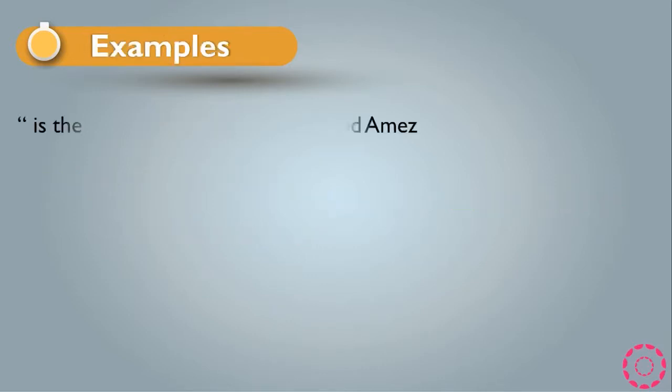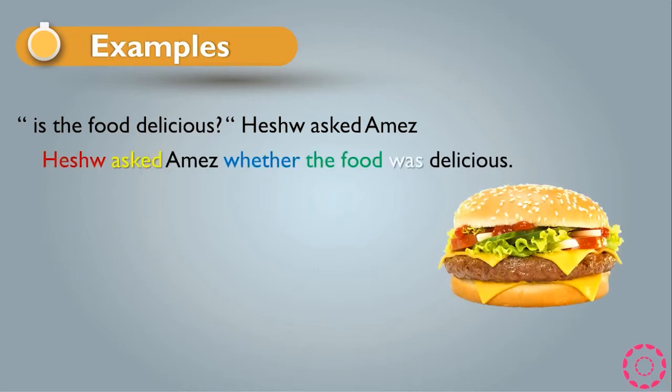Let's see some examples. Is the food delicious? Heshu asked Amis, is the food delicious? As you see, this is a question, so we have to report it. It became: Heshu asked Amis whether the food was delicious.